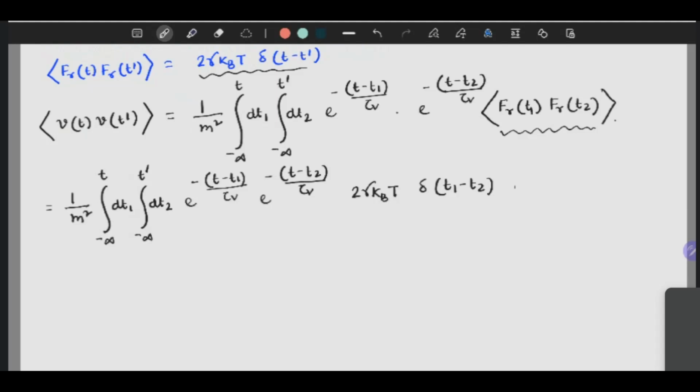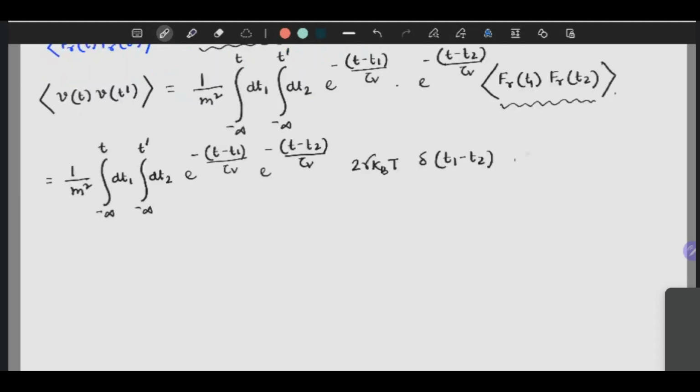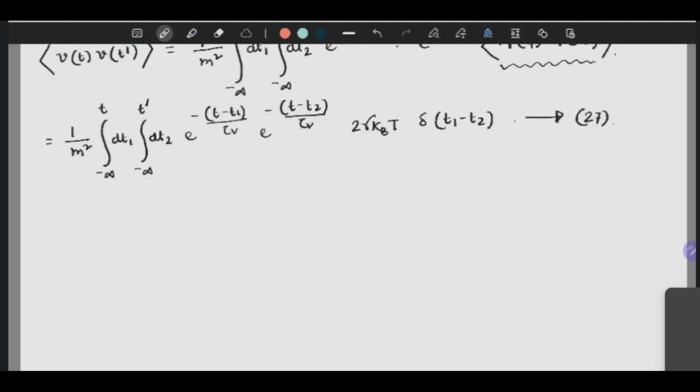Now we need to do this integration. So let me write this as equation number 27. Now there can be two situations.